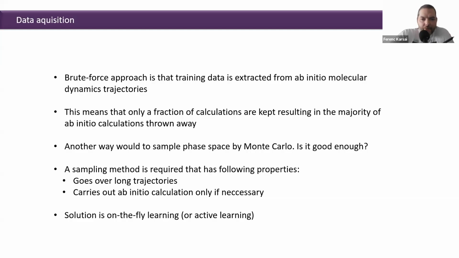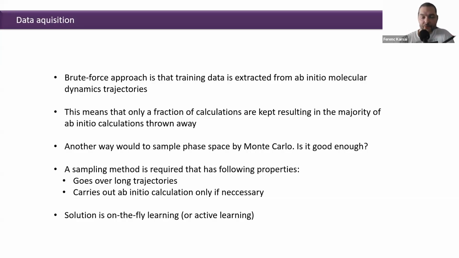So why not already select the data, right? So select only the right structures for ab initio calculations in advance. This could, for example, be attempted by Monte Carlo sampling. But here we would most likely have the problem that we don't go to the right phase spaces in MD calculations.